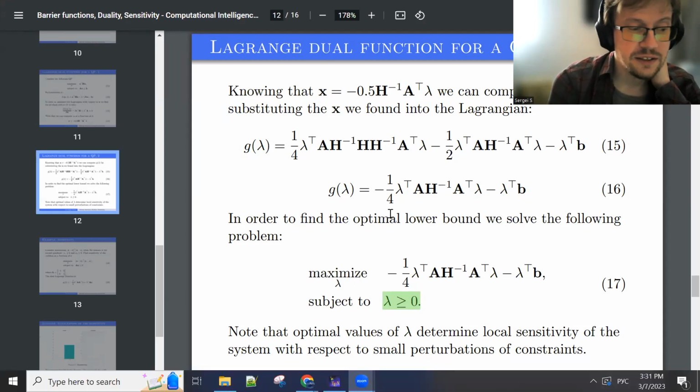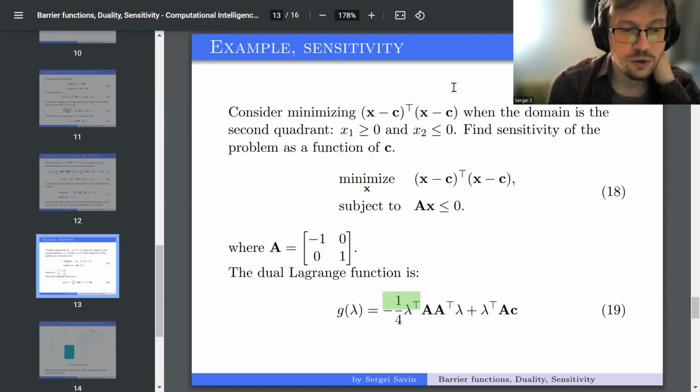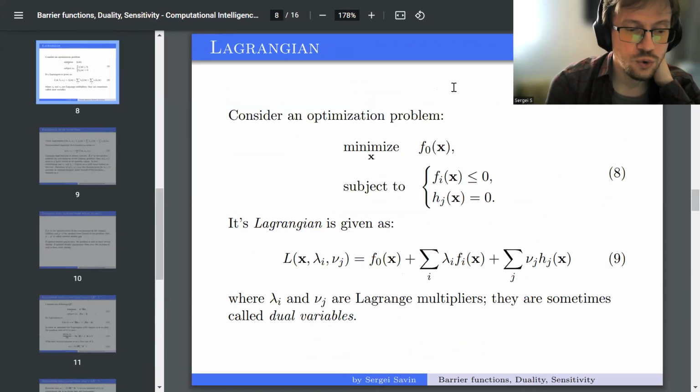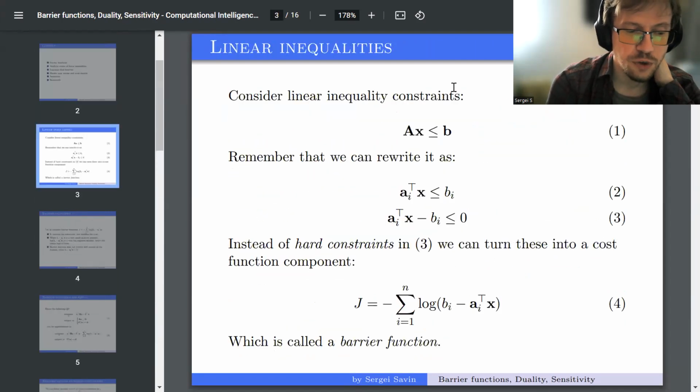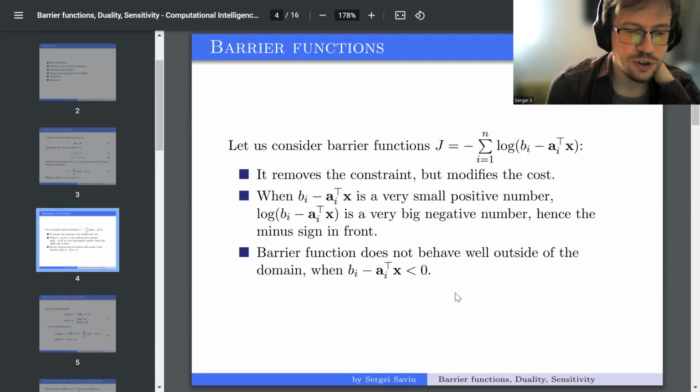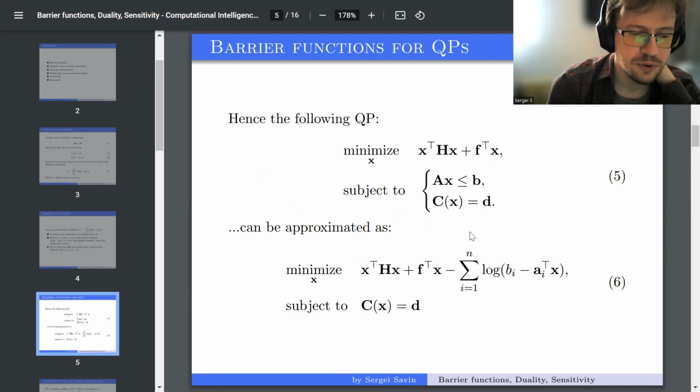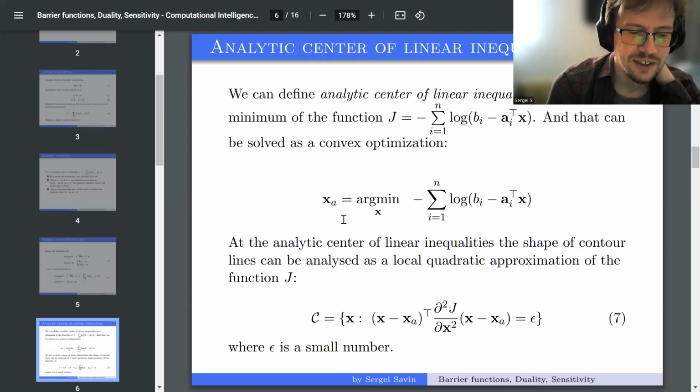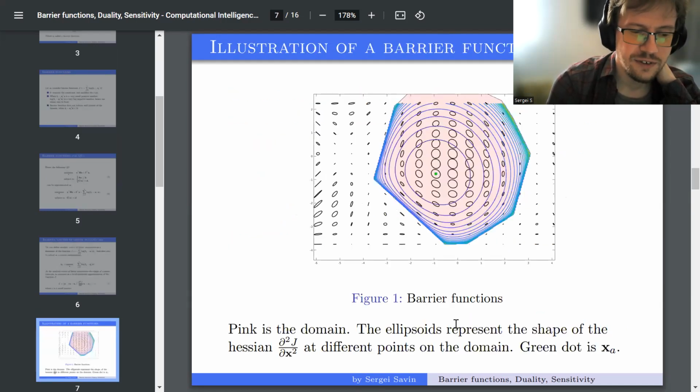So this is how we could do some analysis with two families of tools. Just a small recap. So first is barrier functions, which are actually used by solvers. And you can use barrier functions to find, for example, the analytical center of inequalities, right? And you can analyze contour lines of your function at the analytical center of inequalities using the second order element of the Taylor expansion.